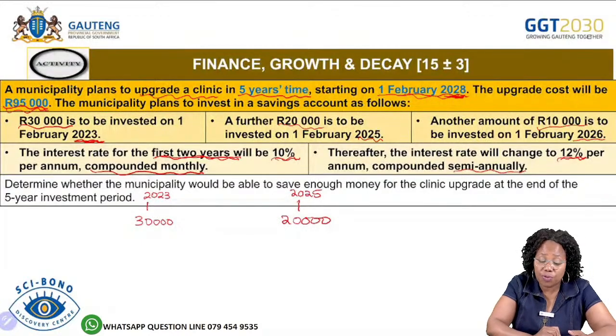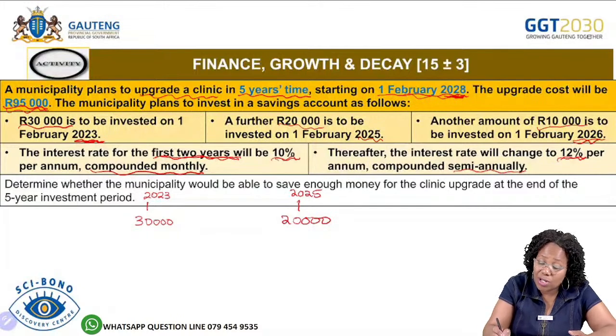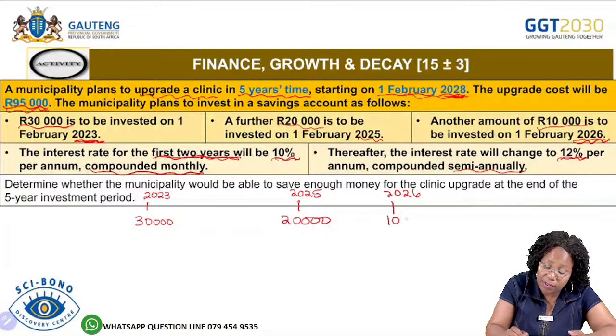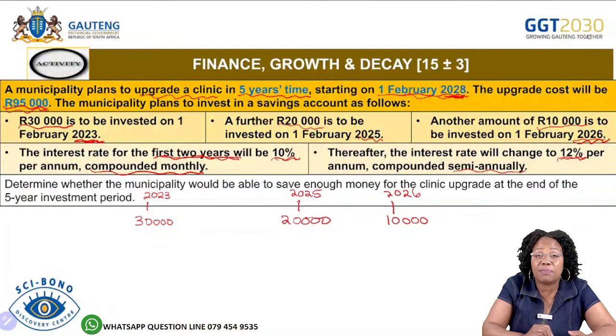A deposit of 20,000 came in, and then this money remained in that investment. And then in 2026, okay, after a year here, in 2026, another 10,000 is to be invested. They are adding 10,000 again into the same investment, and then that is the last deposit.